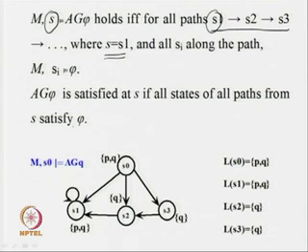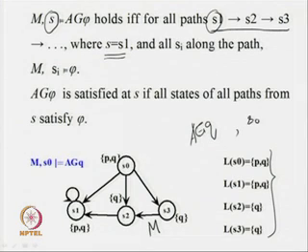Now, I can come to this particular model M. We have 4 states S0, S1, S2 and S3 along with the labeling function, where we have the atomic propositions P and Q. Now, we are concerned about the formula AG Q, and we are going to look into state S0. When we concentrate on this state S0, we will see the paths. It has 3 different transitions, so we are going to get 3 different paths starting from S0.